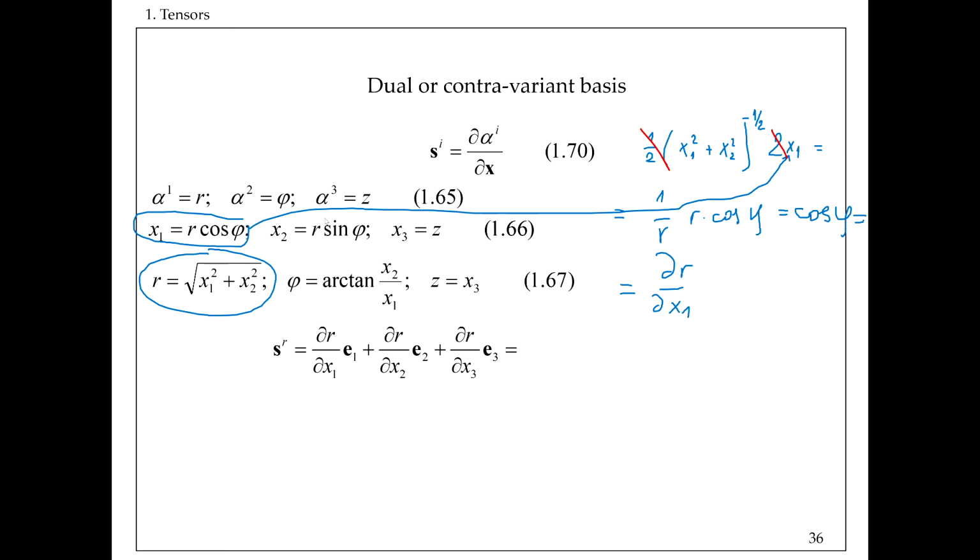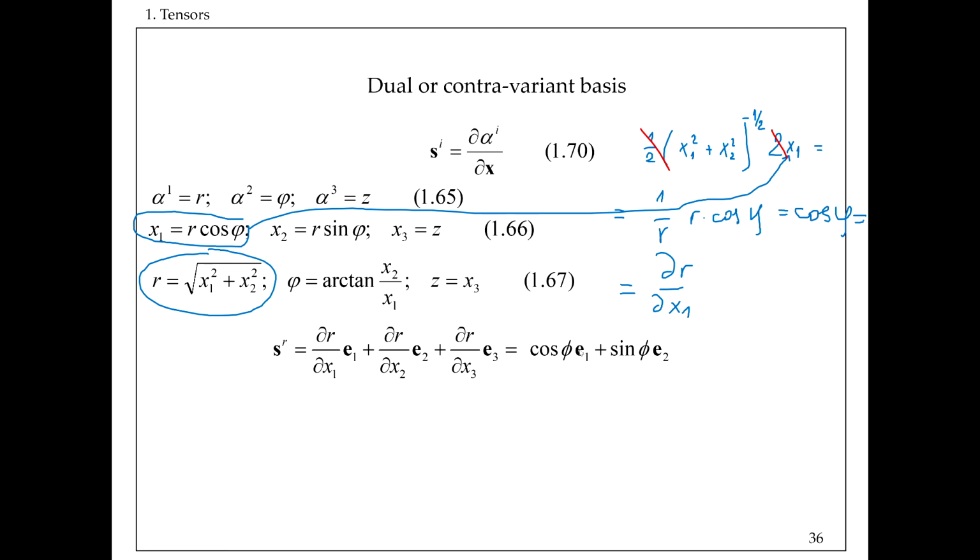The only difference will be that here it will be x2, and as a result we'll have a sine phi here. So here we obtain cosine phi e1, and here we obtain sine phi e2, and obviously r is not dependent on x3, so that will be 0 here. The result for the contravariant basis, or dual basis, for r is cosine phi e1 plus sine phi e2.